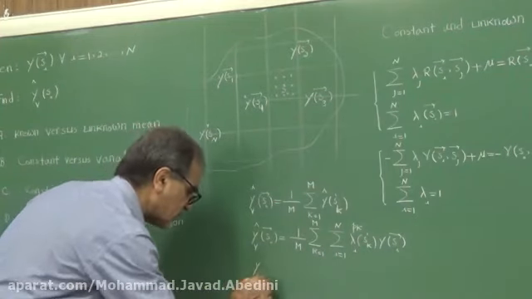Okay? Residual over block V index at S0 can be written as the estimated value of Y over block V index at S0 minus the true value of Y over block V index at S0. And by true value, I mean this.